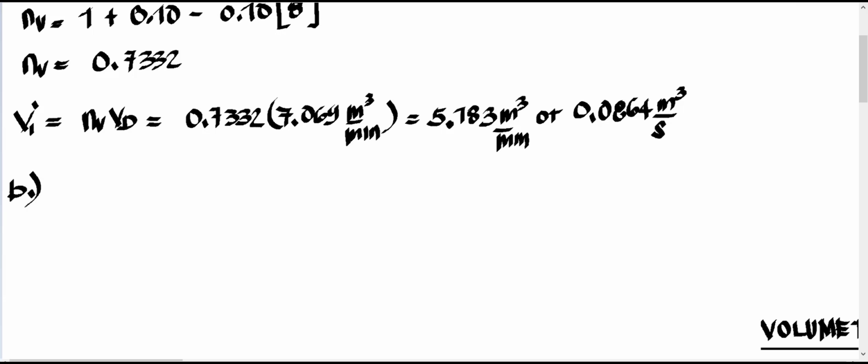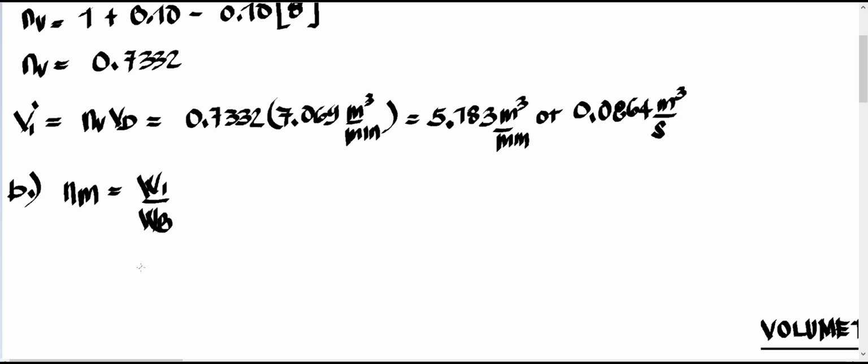Now for letter B, the shaft work required. If the mechanical efficiency is 81%, we have the equation for mechanical efficiency: indicated work divided by the brake work, or the shaft power.